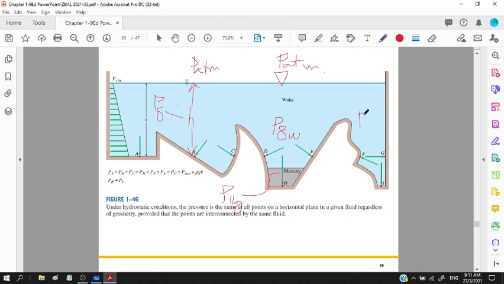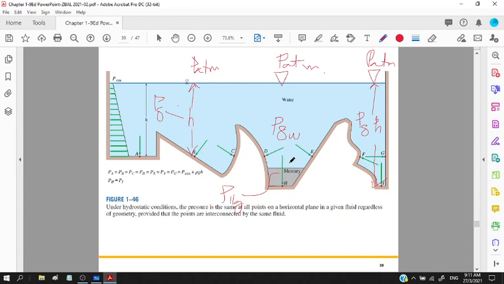So this is our P gauge for level L, and this is the height for the P gauge from this level to this level. And again, we have the P atmospheric here. So what is our PI? It is equal to P gauge because of the water plus the P atmospheric.